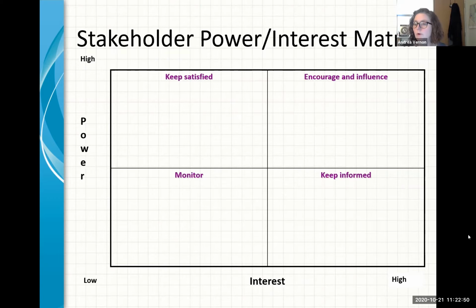Where would you put the board? Where would you put the clients or the people that you're serving? Where would you put a collaborating nonprofit organization? Where would you put, what were some of the other examples I remember? The Board of Regents or the school district, the campus, faculty or teachers at the campus or a school. So think about that for just a second and place some stakeholders in this kind of matrix.